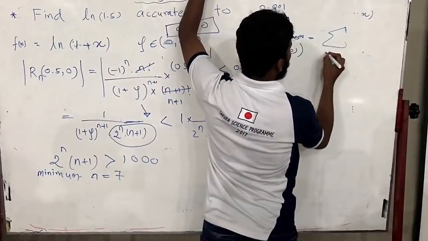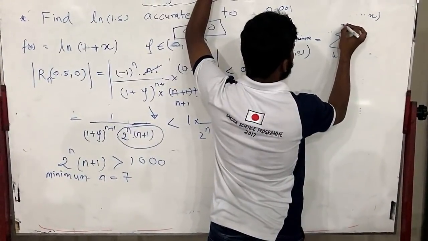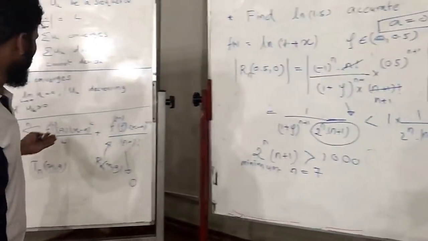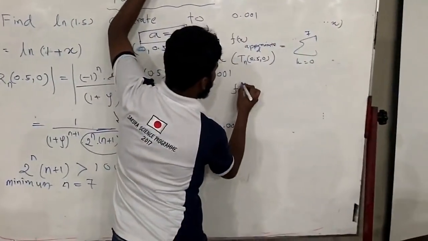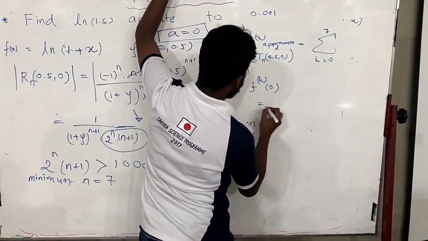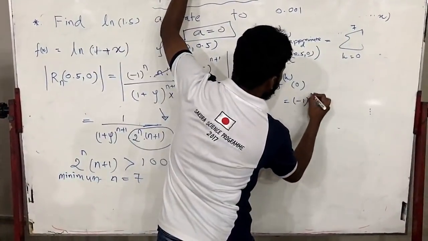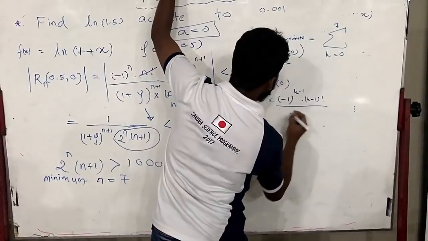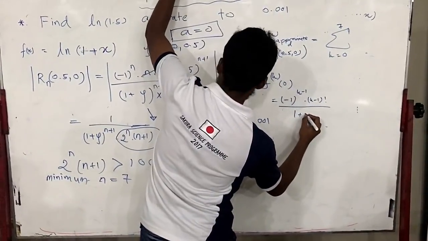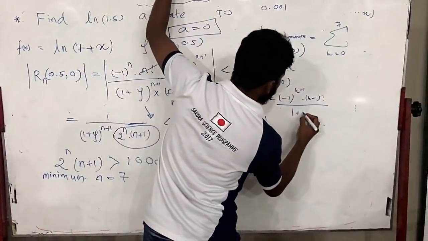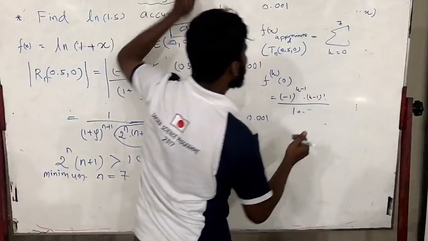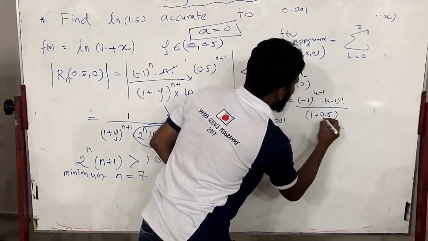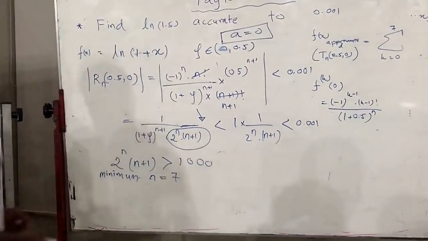This will be the summation from k equals 0 up to 7 of f^(k)(0), which is minus 1 to the power k minus 1 into k minus 1 factorial over 1 plus 0, times (x minus a) to the power k over k factorial, with x equal to 0.5.